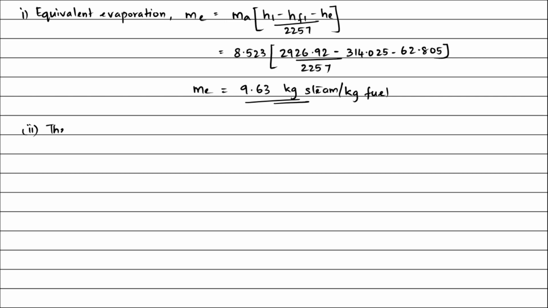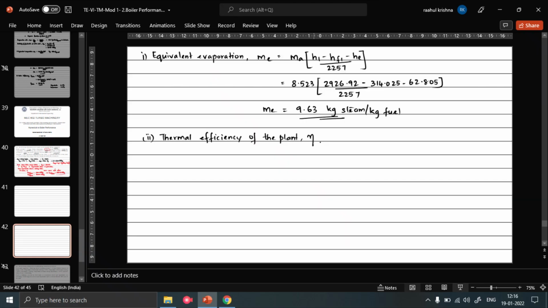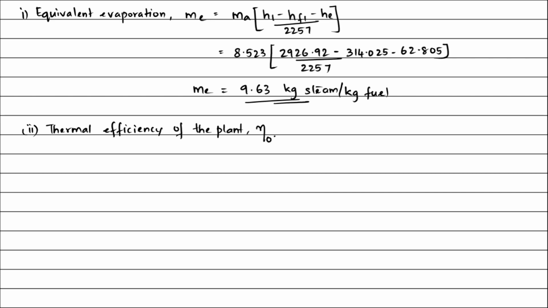Secondly, I have to find out the thermal efficiency of the plant. Since in my question I have been asked to find the thermal efficiency of the plant, here I have to consider my boiler, so I will be considering my overall efficiency, which is given by Ma into (H1 minus HF1) divided by the calorific value.